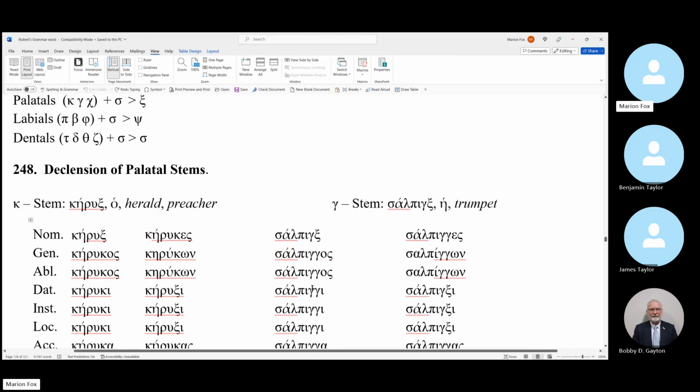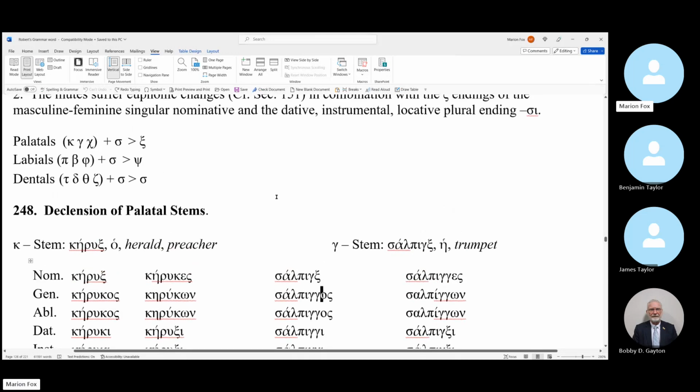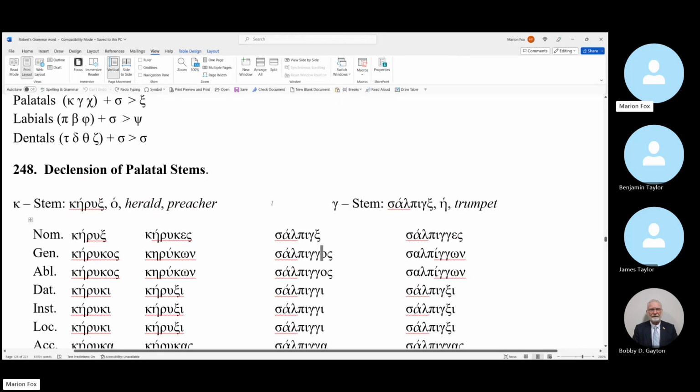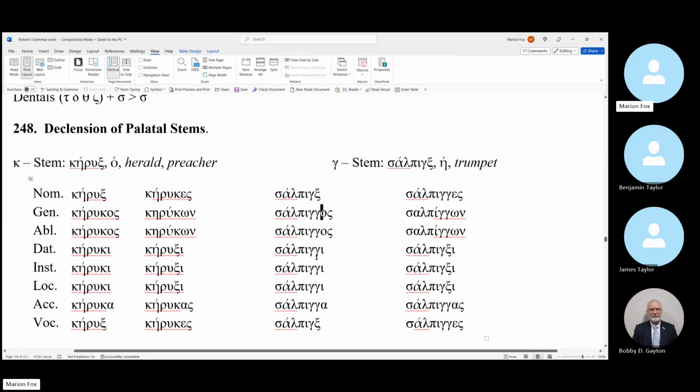All right. Now, here we have it, and this gamma here. Why didn't it become a Kasi here? I don't know why these retain that form.